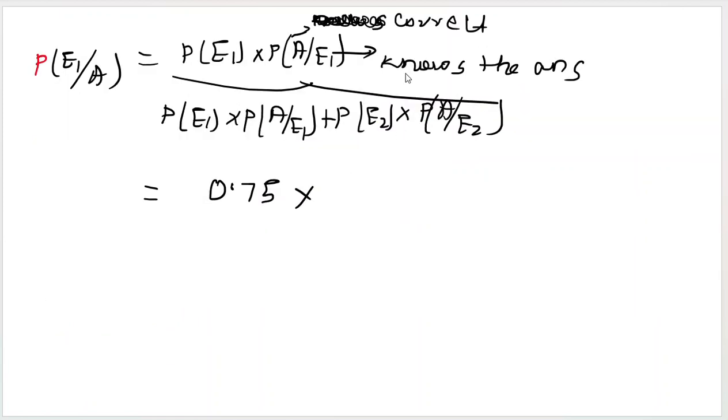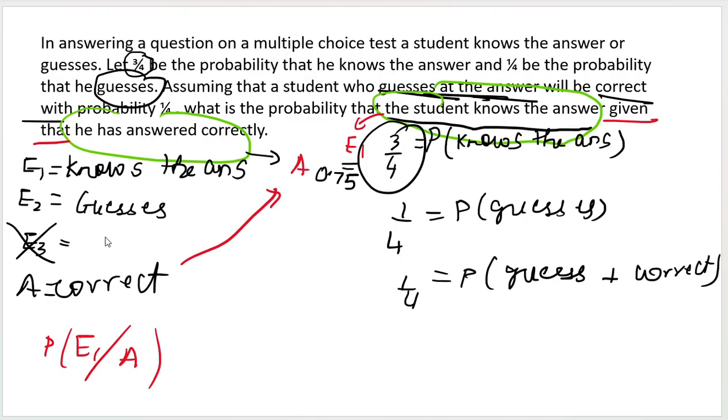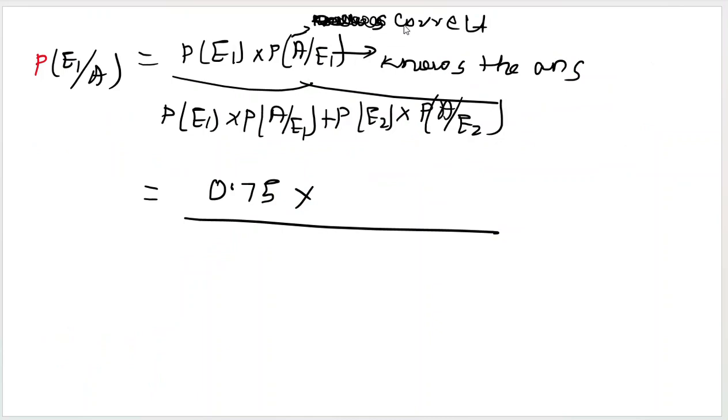So for P of A by E1, the value is not given. P of A by E1 means the answer is correct and he knows the answer. So this value is not yet given. P of E1 is 0.75 into, we leave this blank because P of A by E1 is not given.